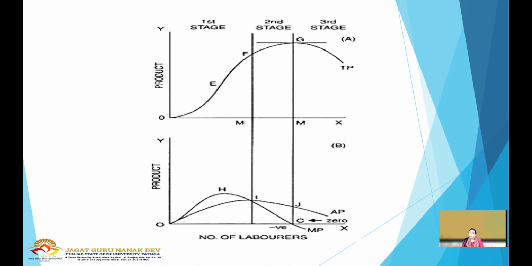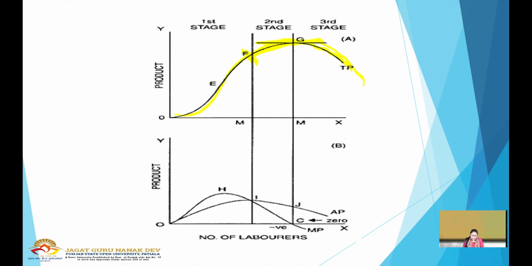This is the diagrammatic representation of the law of variable factors. Here you can say that this is the total production which is increasing over the period of time. It increased till F, after that it is declining, increasing but at a decreasing rate, after that it will be constant, and after that it's a declining trend.